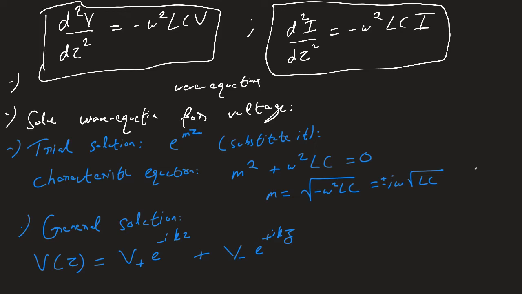So V of z becomes V plus e to the minus i omega square root of LC plus V minus e to the i omega square root of LC, right?